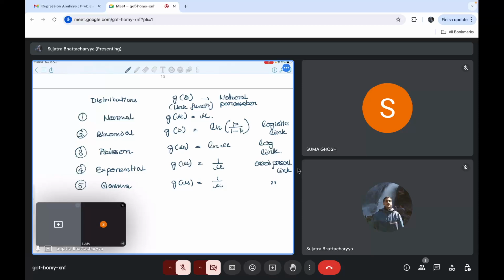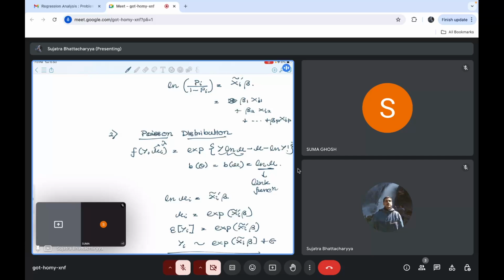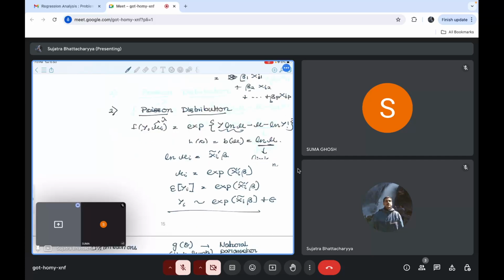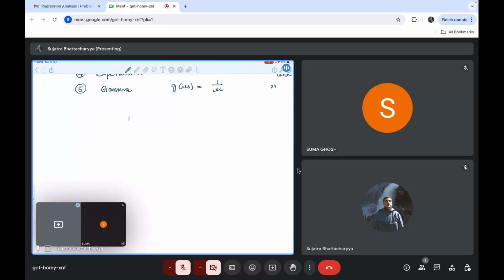And one last thing: in order to estimate all these relationships, or find the coefficients beta 1, beta 2, up to beta p, people use the maximum likelihood estimate. More details are in the week lectures, so you can follow that. We use likelihood estimates to calculate the betas.